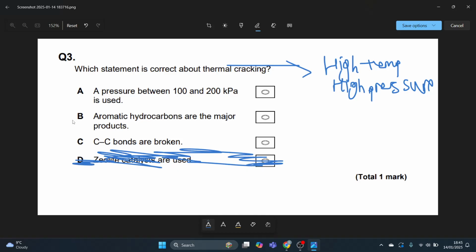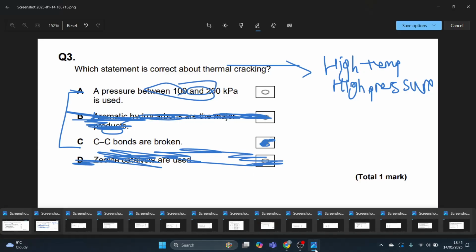Aromatic hydrocarbons are the major products. No, that's catalytic cracking. Now I'm left with A and C. High pressure. So this one's actually a bit tricky, but in thermal cracking, the carbon-carbon bonds are actually broken. And the high pressure, that's not really necessarily high.